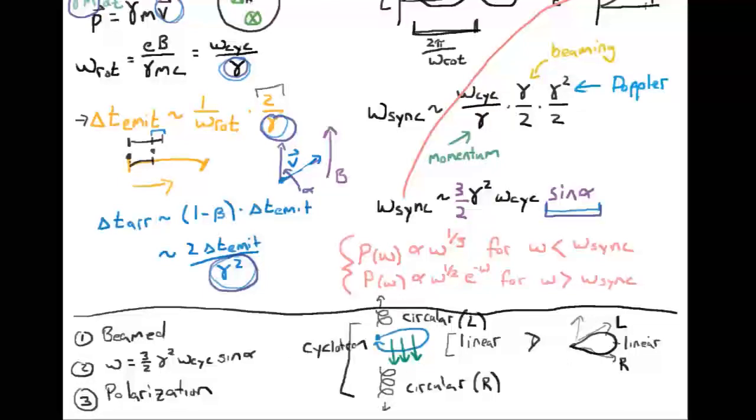So even though we may be viewing this electron nearly edge on with respect to the magnetic field that would be oriented in this direction, we will see left-handed and right-handed circularly polarized emission along with some linear polarization along the axis. Now if there were just one electron here, that's what you'd see. You'd see left-handed and right-handed.